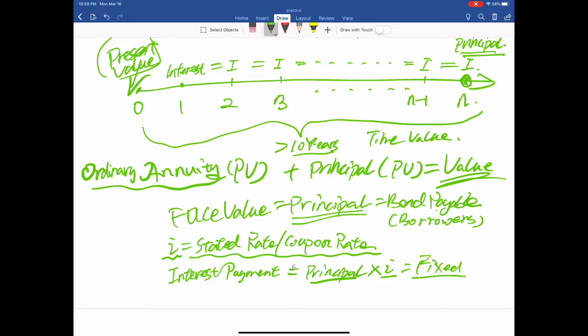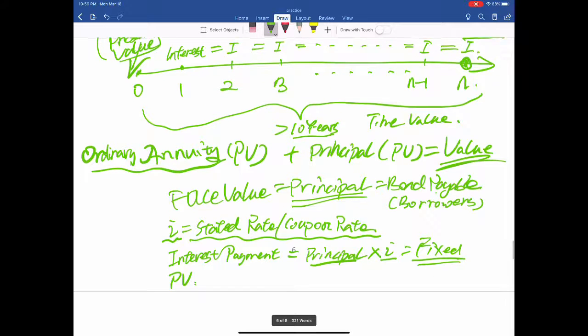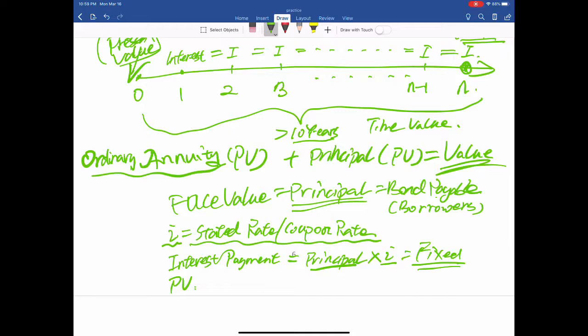That's why we can treat it as an annuity. Okay, but don't forget, when we calculate present value, we need to use an interest rate to discount the cash flow to present, right?